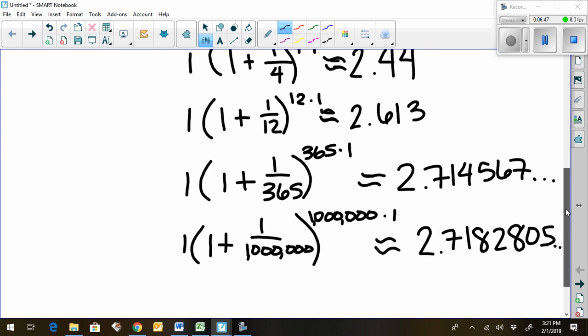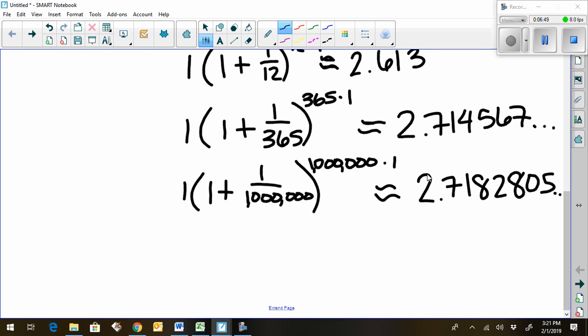So this asymptote, or in this case, it would actually be more considered a limit. So as our n value here goes closer and closer to infinity, we reach a very particular number. And it's really close to what we had here.